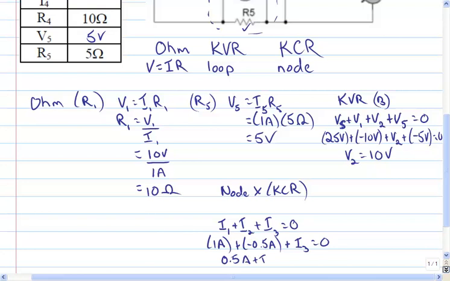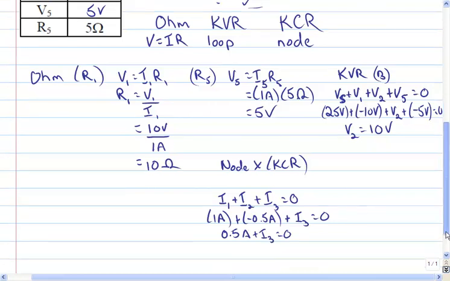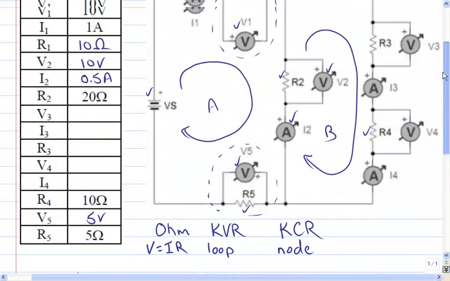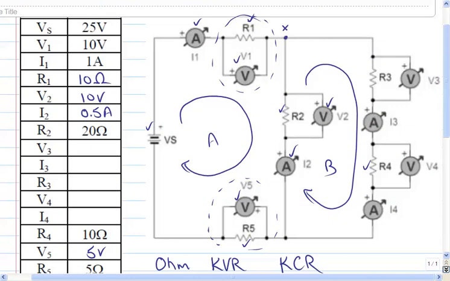So I3 equals negative 0.5 amps. The only thing I worry about with this negative is that I just know the direction it's going, and it should go in this direction. So this is I3, and coming down through this positive terminal, this one here is going to be 0.5 amps as well.